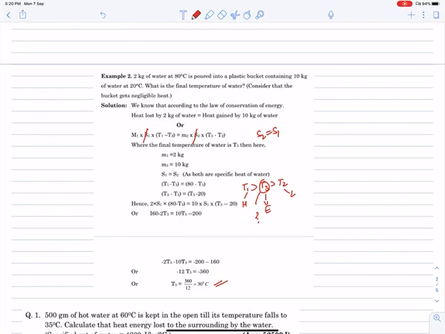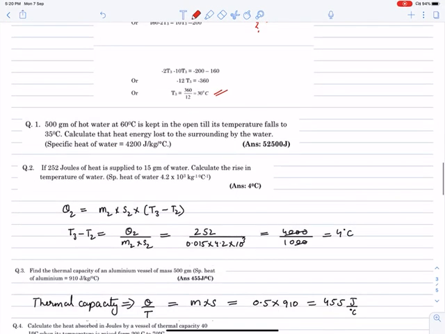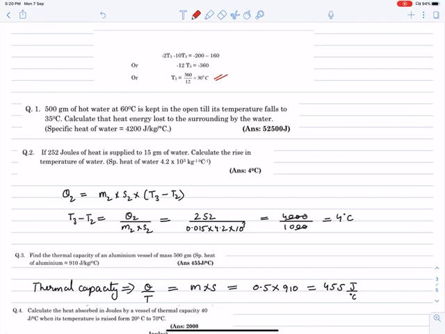Now question number 1. It says 500 gram of hot water at 60 degrees Celsius is kept in the open till its temperature falls to 35 degrees Celsius. Calculate the heat energy lost to the surroundings by the water. So you have to calculate the heat energy lost.